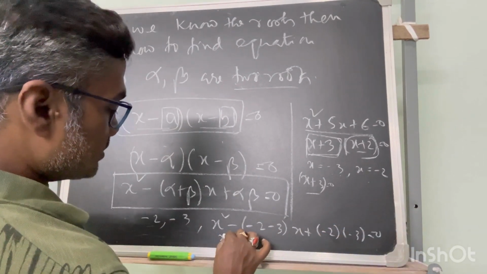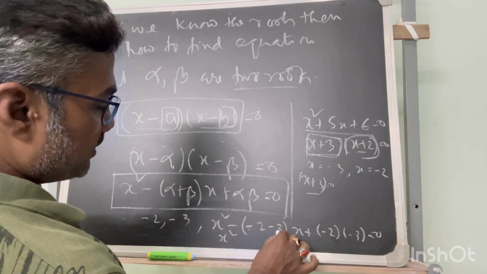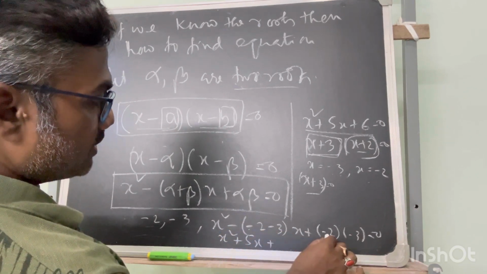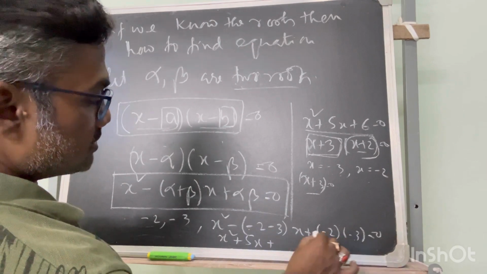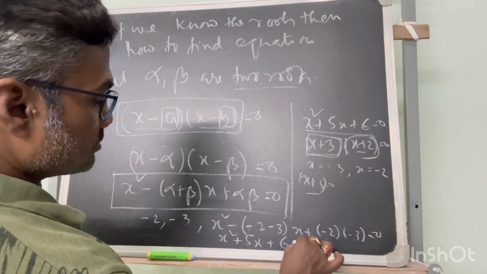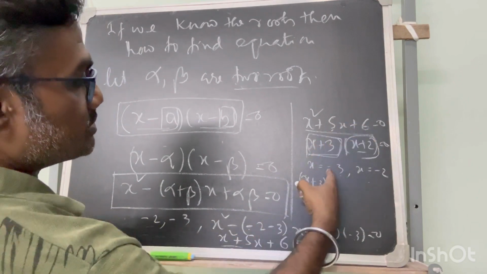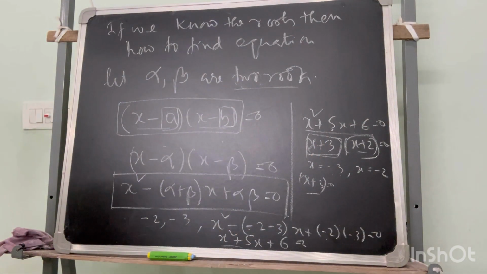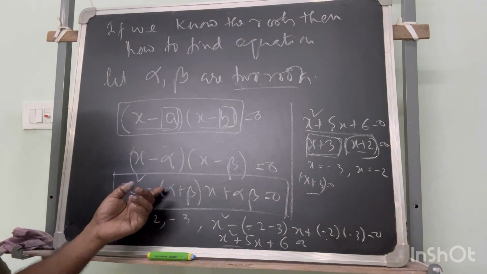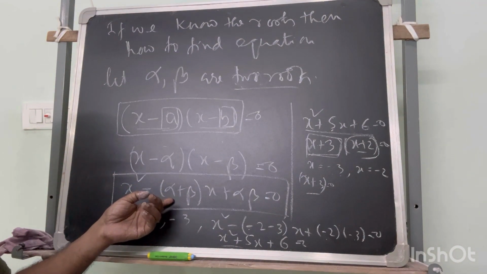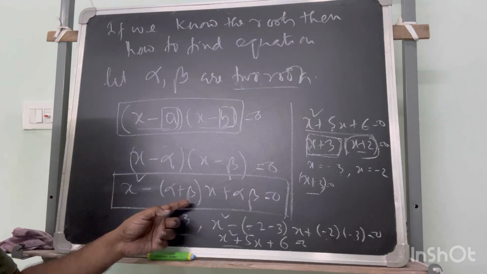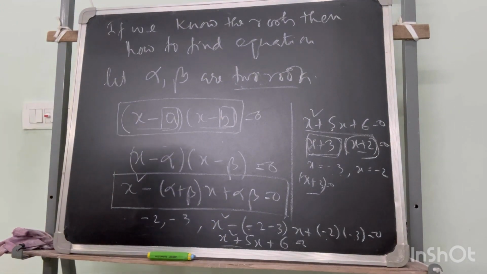Now ultimately x square plus 5x plus 6 is equal to 0. See, this is the same equation, so definitely this is true. So you need not worry, whatever values you have when it's given in the problem, you have to put them directly in the equation along with the sign given. Okay.